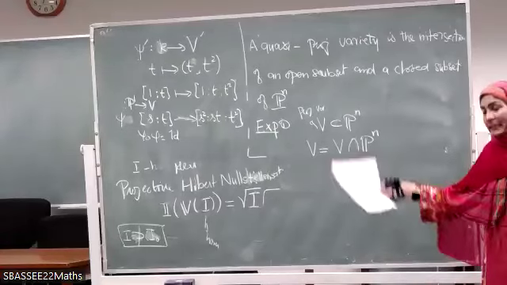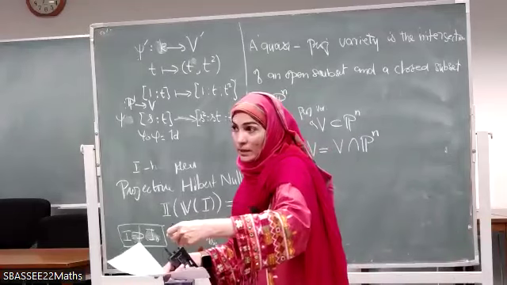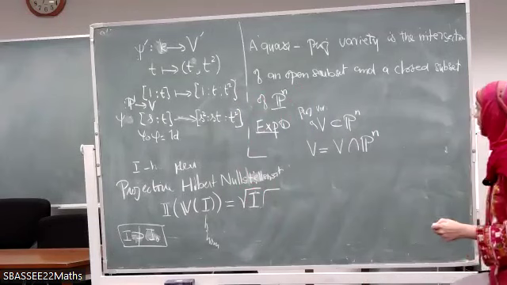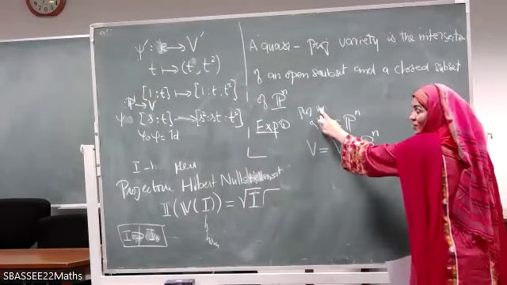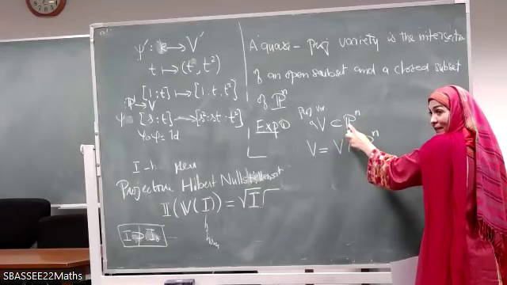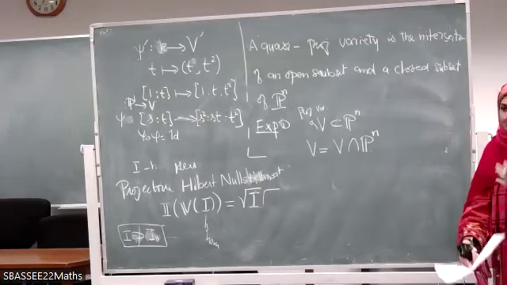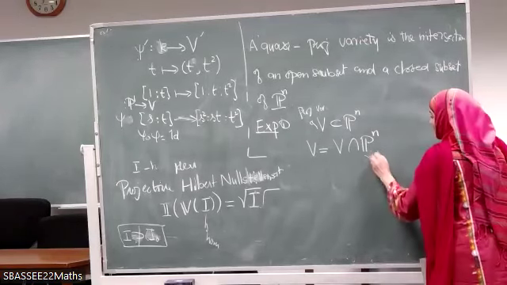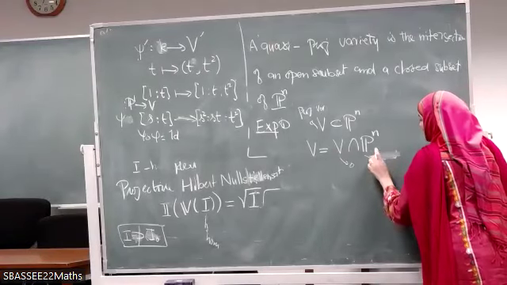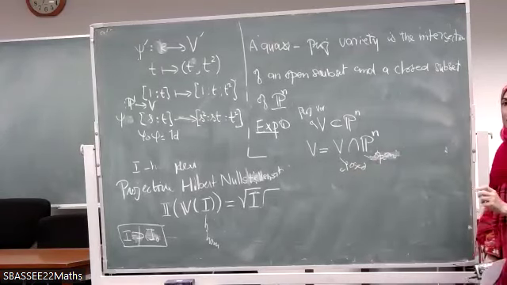Every projective variety can be written as a closed set, because it is already closed here, and this is open because every space is open in itself. So that's why it is quasi-projective. Oh, sorry, this one is open and this one is closed. Right? So that's why it becomes an intersection.